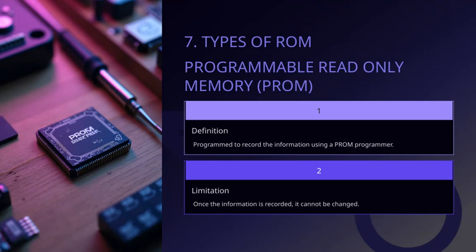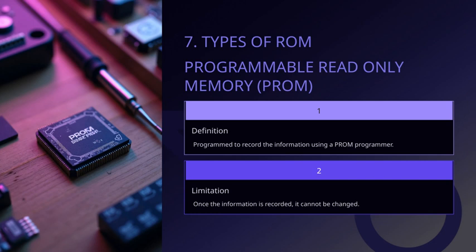Now, let's take a closer look at PROM, or programmable read-only memory. Essentially, a PROM is a type of memory that you program once using a special device called a PROM programmer. This process involves writing the data onto the chip for the first and only time. One of the key things to remember about PROM is that once you've programmed it, the data is permanent. You can't change or erase it later, which makes it ideal for storing fixed data that doesn't need to be updated.